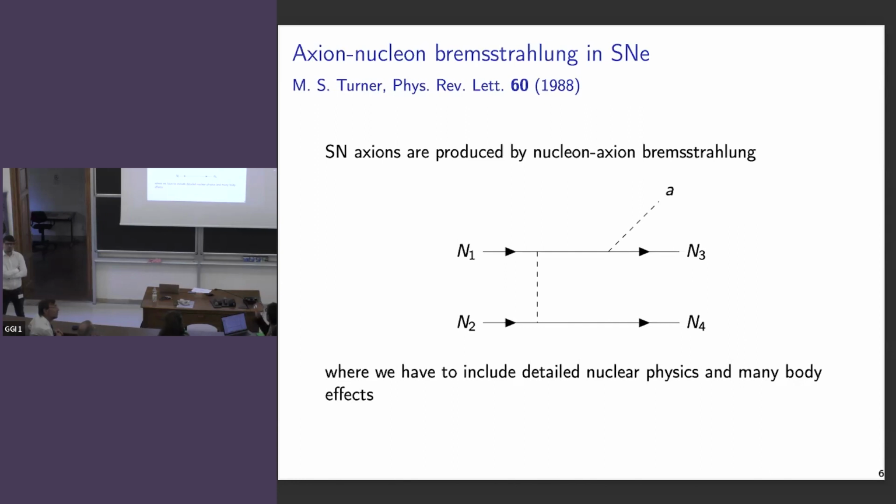But here, for neutrinos, the pion process is subdominant. Correct, the axion production, right? That's the interaction, I agree. There are several problems, but unfortunately it's subdominant.